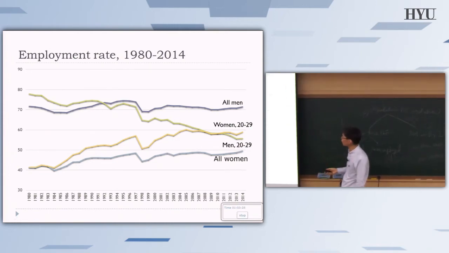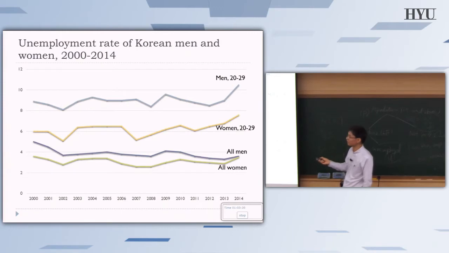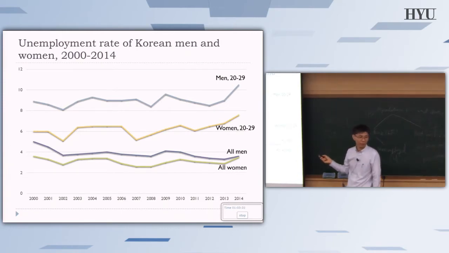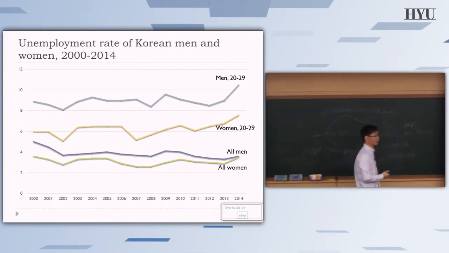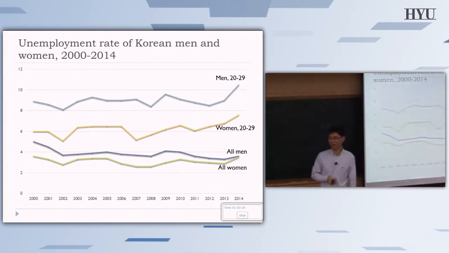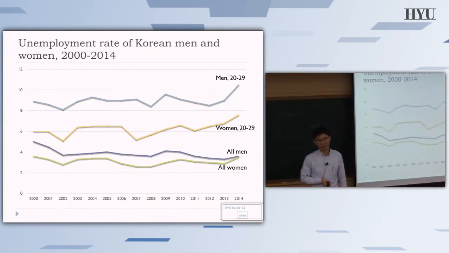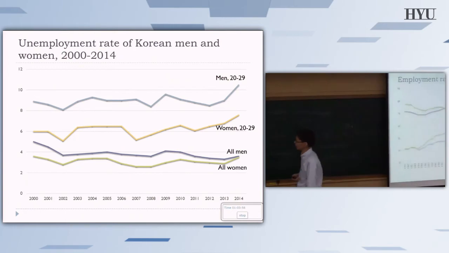There you are. Unemployment rate is stable, yet their employment rate is decreasing. So what does it mean? Another number should be changing. LFPR should be what? Increasing or decreasing? Should be decreasing for young men. Okay? So what's happening?